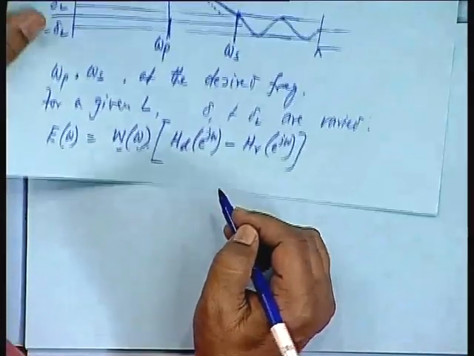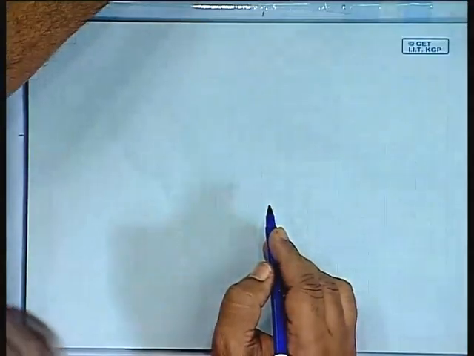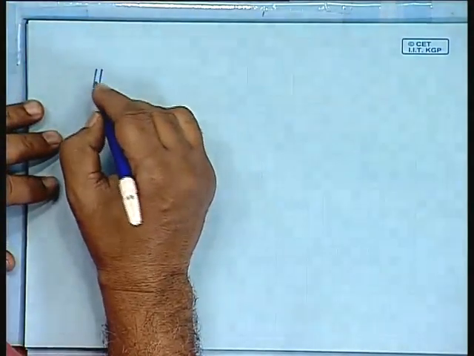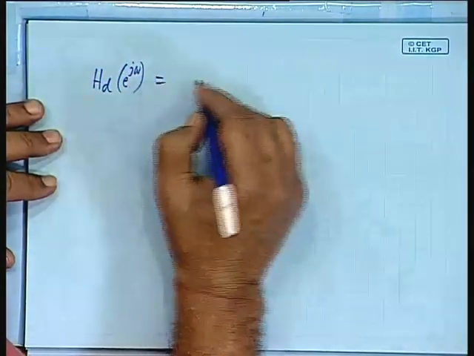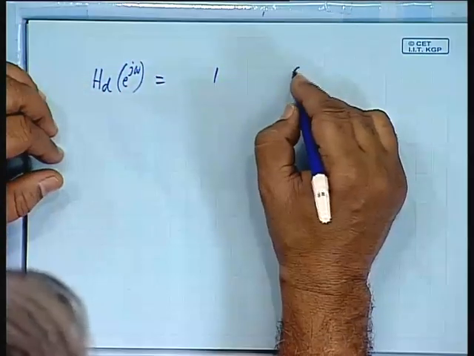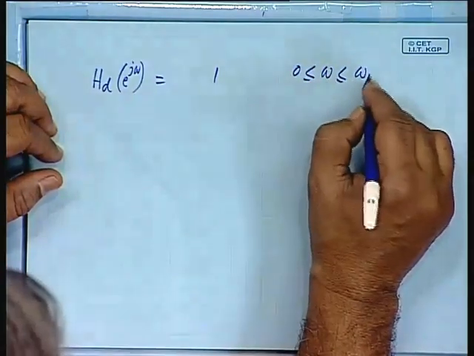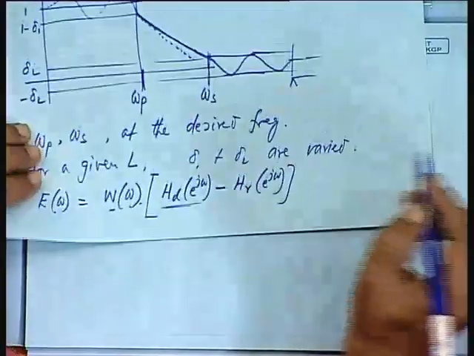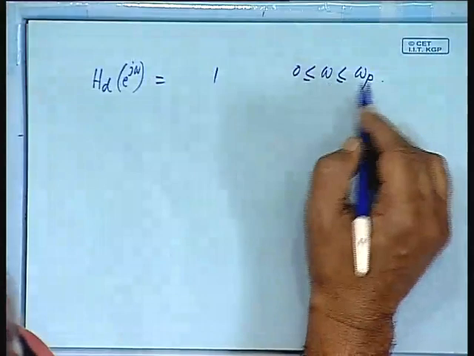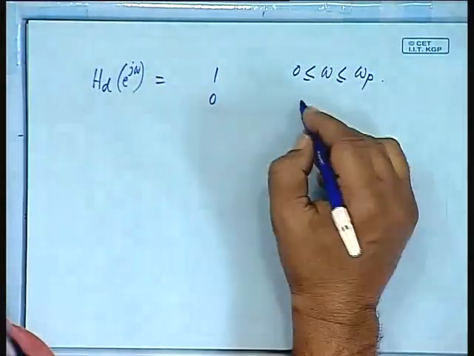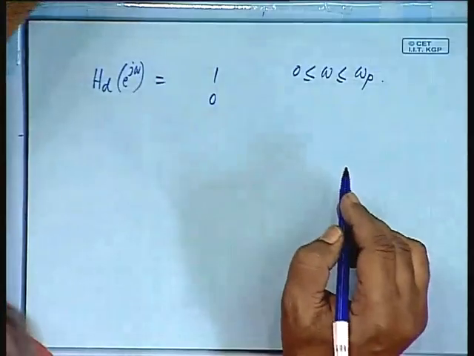Now, for a low pass filter, for example, we are giving HD as 1 in this interval, and HD is equal to 0 between omega s and pi.